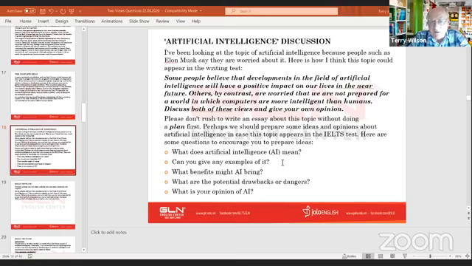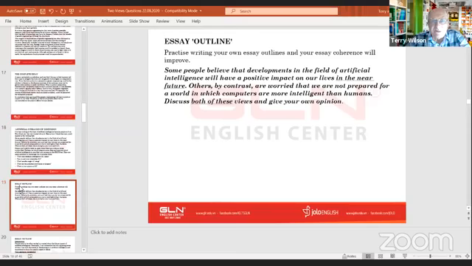Another one is crime. So it only takes you a few minutes to write down a few ideas. So let's have a look at the outline. So we're back to the question.